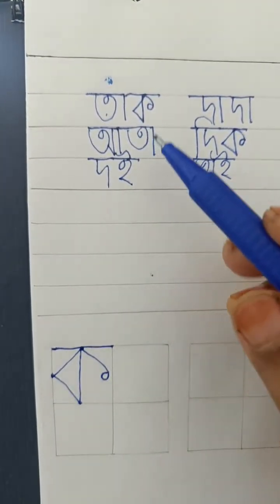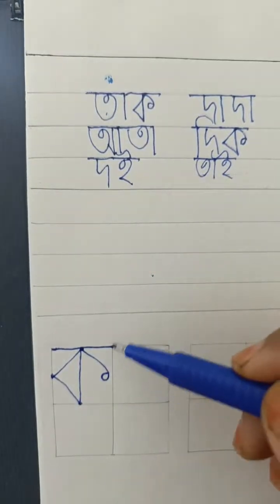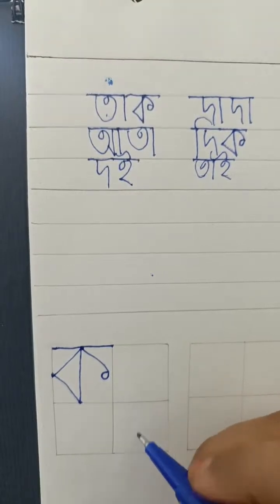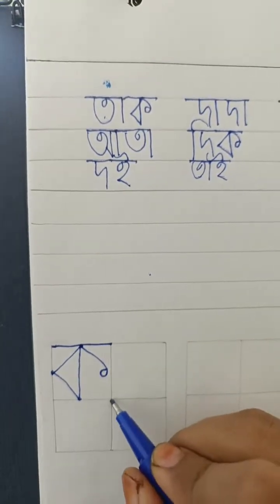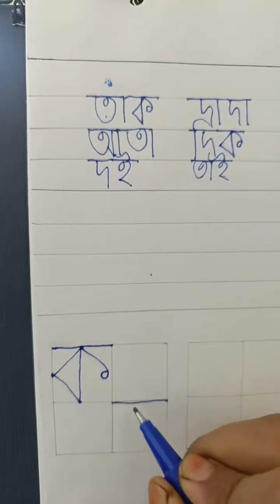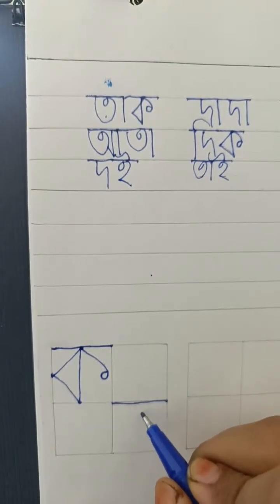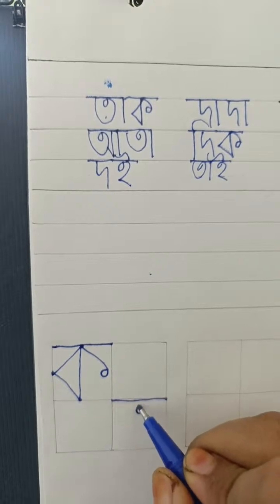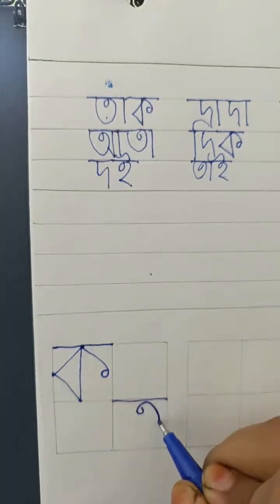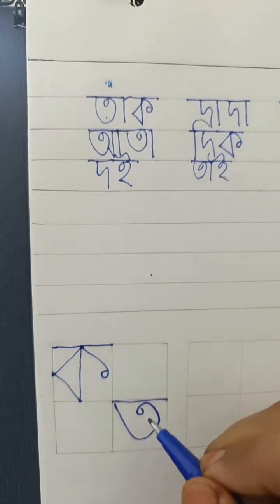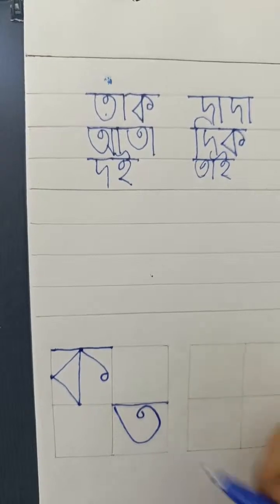Even when it's a circular letter like this, it's going to follow the same grid here. So let me write ta. You write a matra. You start the loop from kind of the center, a little below. You go up and then you distribute this round in this box.